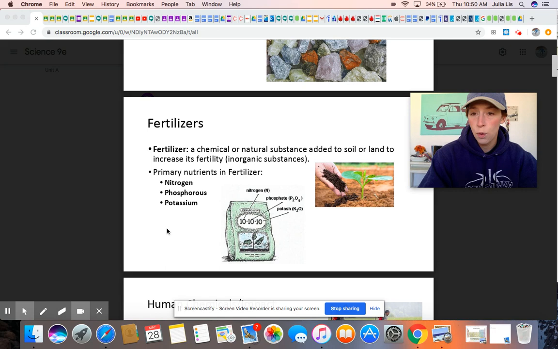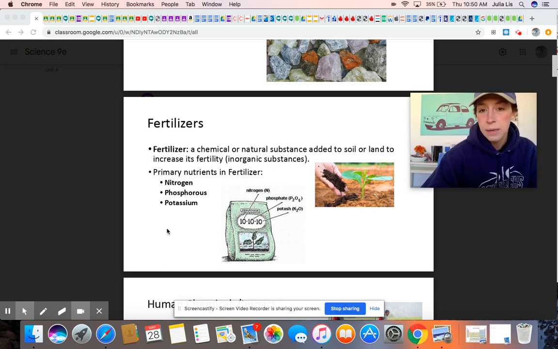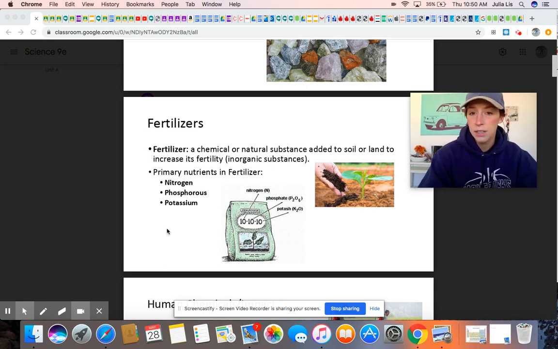So when the soil where we're growing and planting these different crops lacks these nutrients, these inorganic substances, what we can do is add fertilizers. And so fertilizers can be natural or they can be chemically created and synthesized. And there are substances that we're adding to the soil, just adding inorganic substances and nutrients.